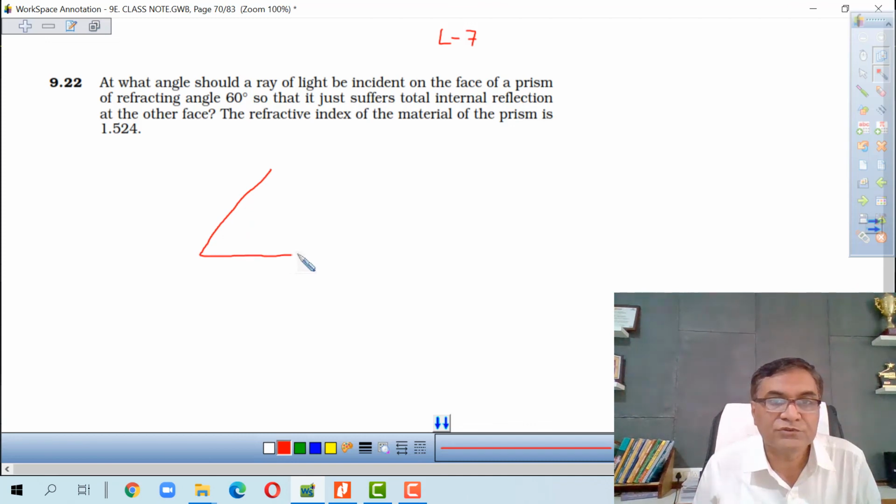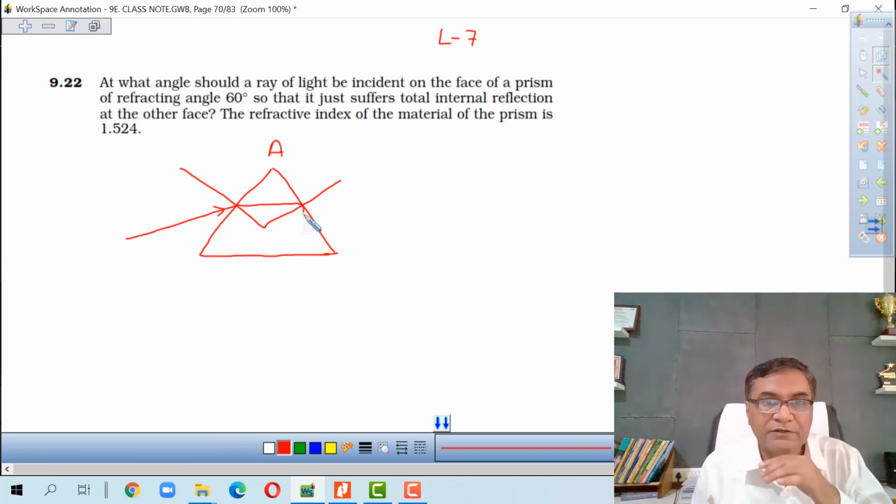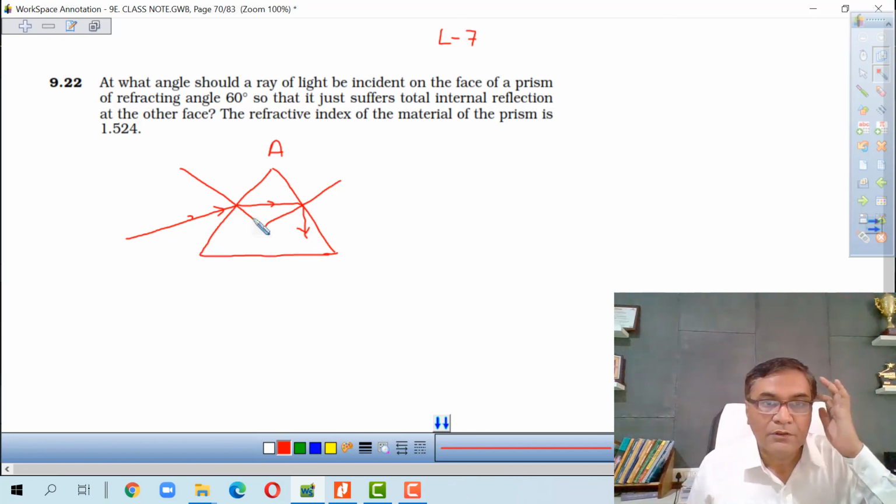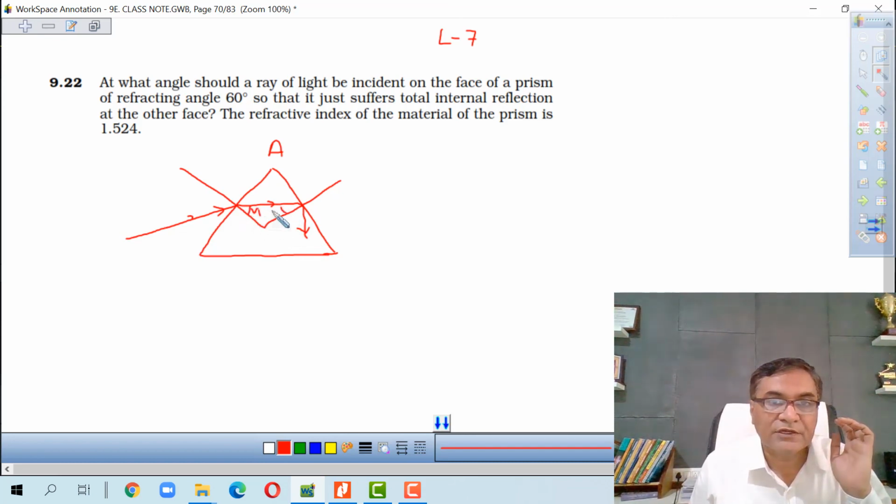This is our prism. A ray is incident over here, it gets refracted, and then total internal reflection just takes place like this. This is R1, and this is R2.